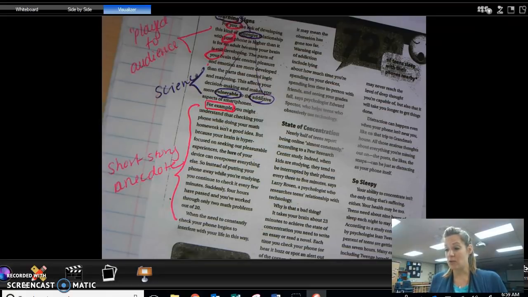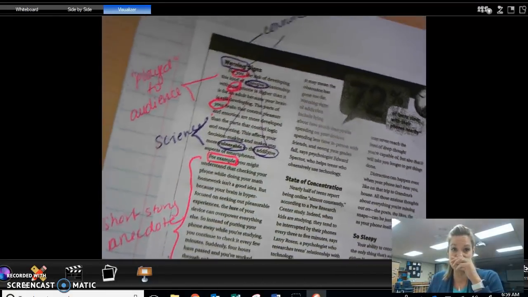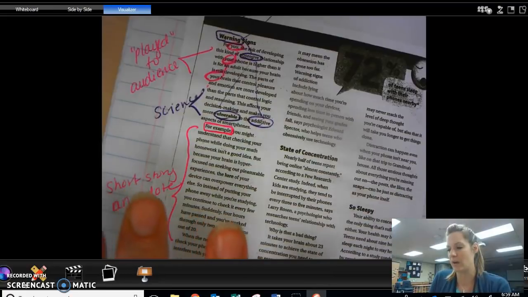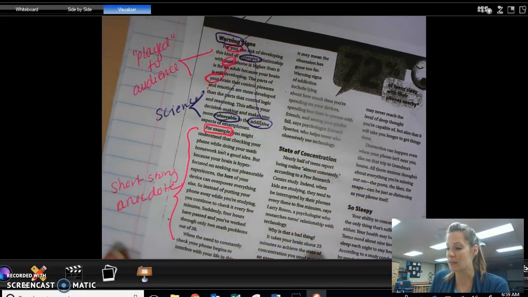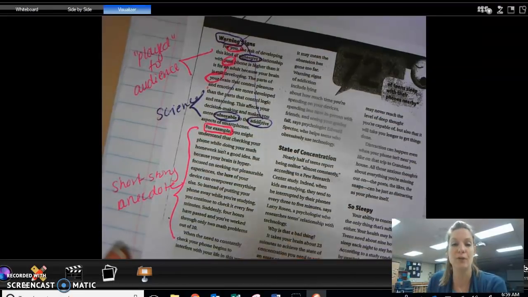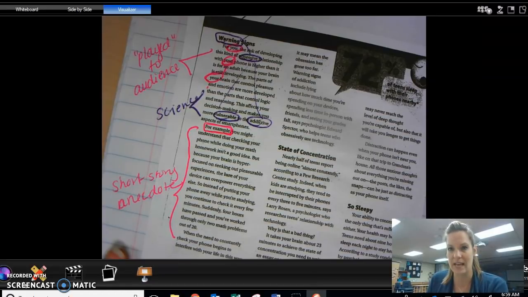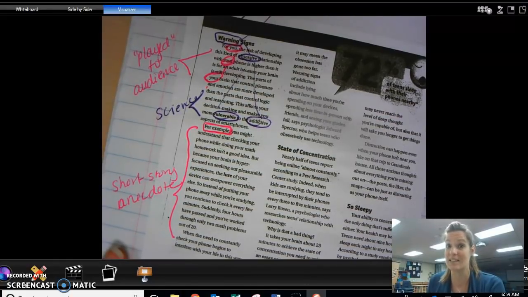Your goal as you go is to annotate, but not in a way that is putting your feelings about the text out there. You are simply looking for and underlining different things the writer did to connect to the reader to prove that her argument that phones might be turning us into zombies is correct.